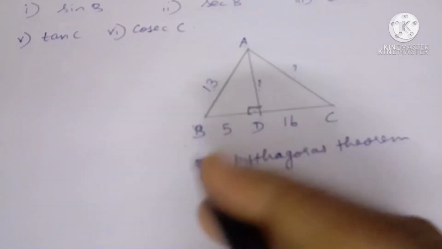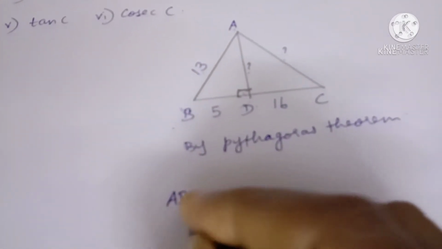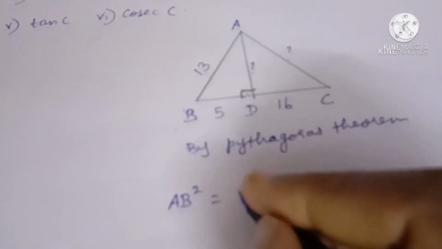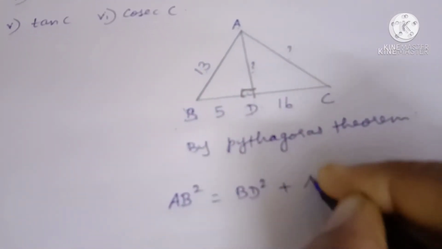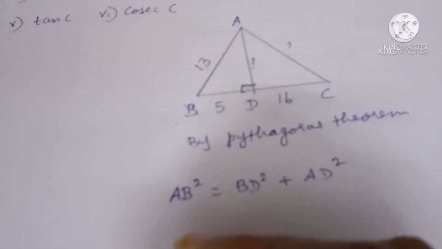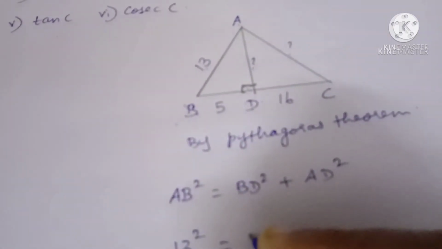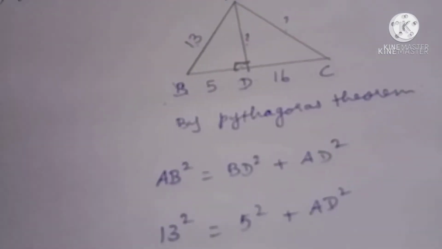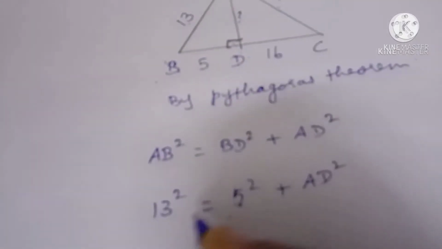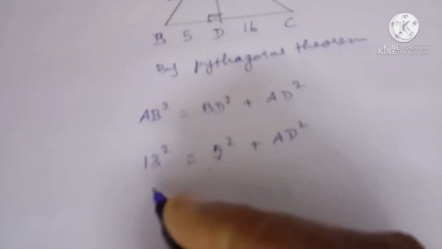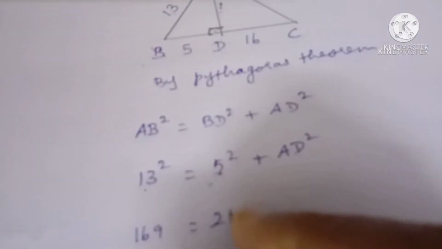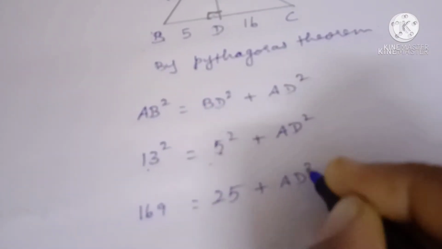Here 13 is your hypotenuse. Therefore AB square is equal to BD square plus AD square. AB square is 13 square. BD square is 5 square. We need to find the AD square. First we'll square it. 13 square is 169 and 5 square is 25 plus AD square.